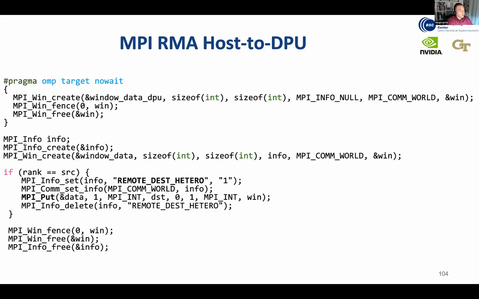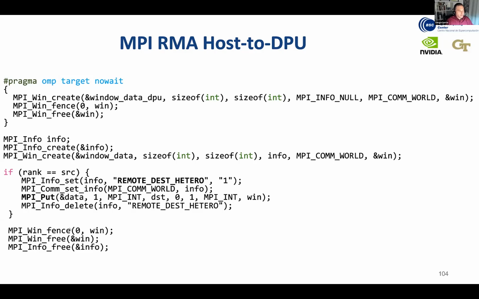Meanwhile, the host will create its own window, and rank 0 here will set the remote destination heterogeneous flag in the MPI info object to say: put this data from rank 0, the rank 0 host, to rank 1 DPU.